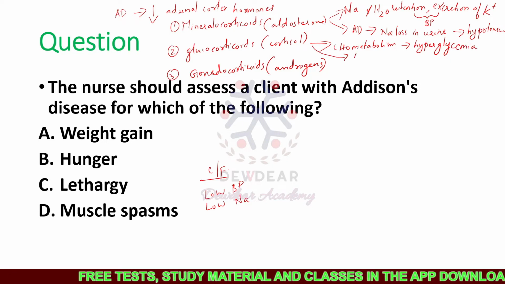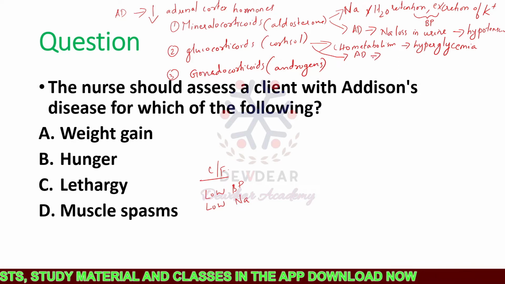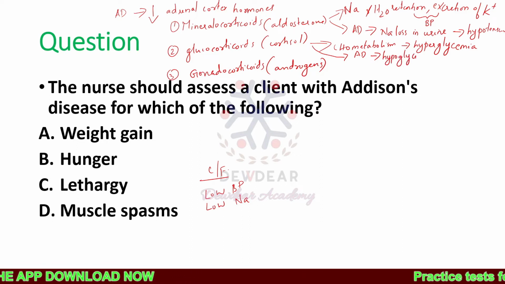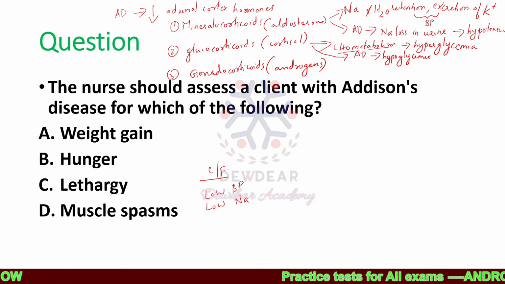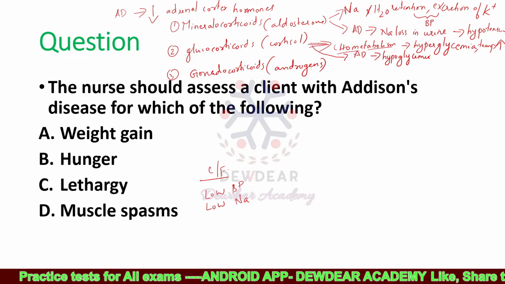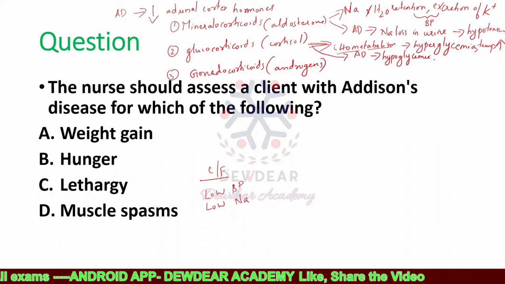In Addison's disease, what happens? This function is reduced, so there will be hypoglycemia. And also you should know that there is increased metabolism normally, so the body temperature is also increasing. In our body, normally the body temperature is increasing due to this function of the glucocorticosteroids. But in Addison's disease, there will be decreased carbohydrate metabolism leading to hypoglycemia.